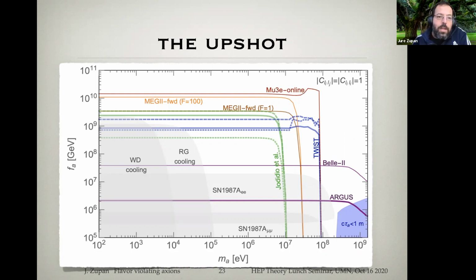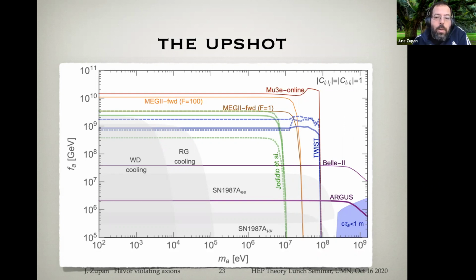There's just an extra shift-breaking parameter that I allow for the mass, and we just ask what the bounds are. So these are the astrophysics bounds: white dwarf cooling, red giant cooling, the supernova. Bounds are coming from the flavor diagonal ones, again setting the C's to be just 1.